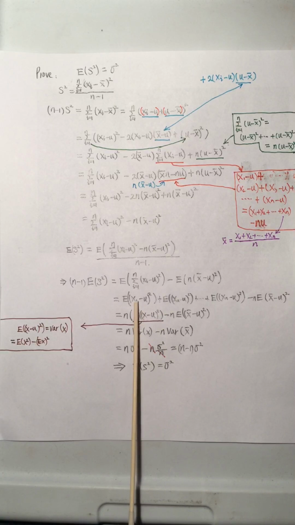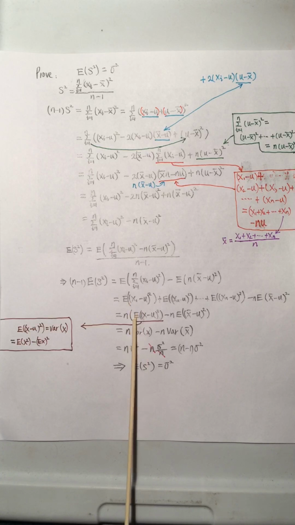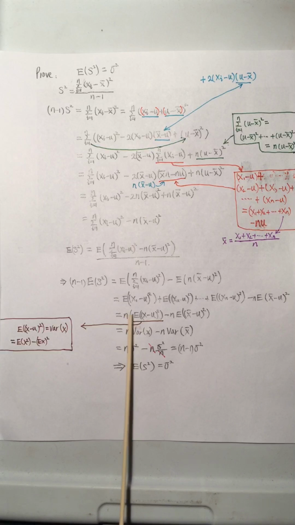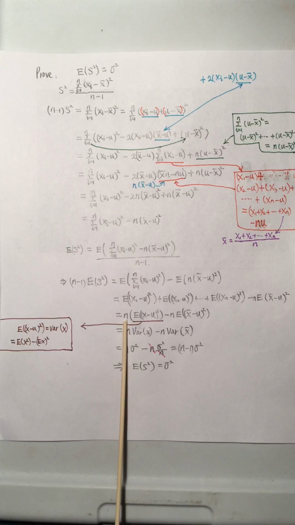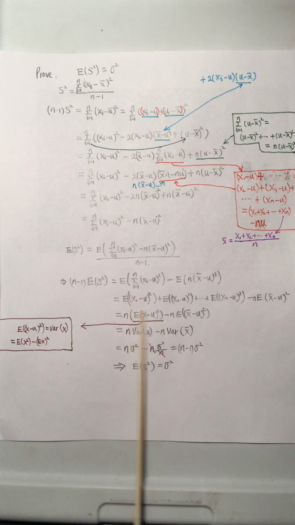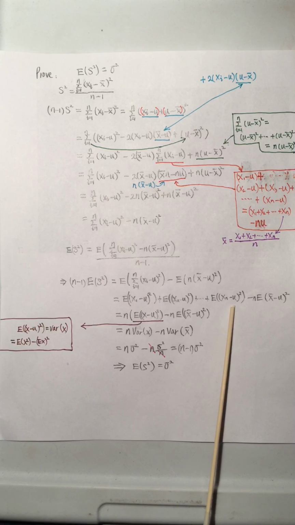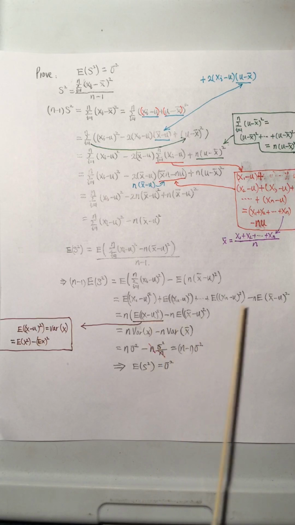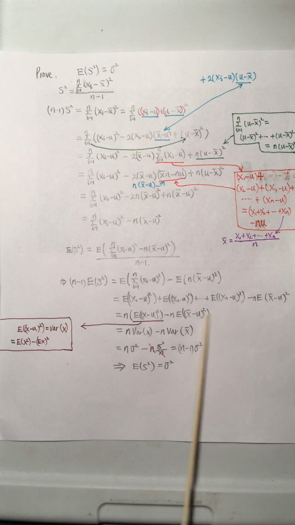So we have the expectation of (x minus mu) squared, n of them. That's why here we multiply by an n. So these terms eventually become n times that number. And this, we just copy down.